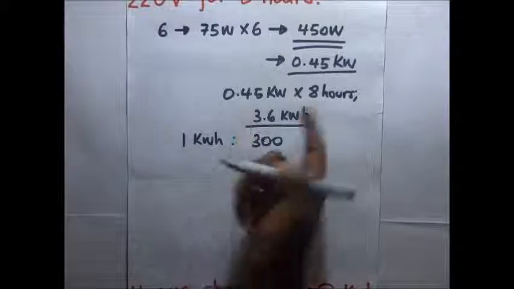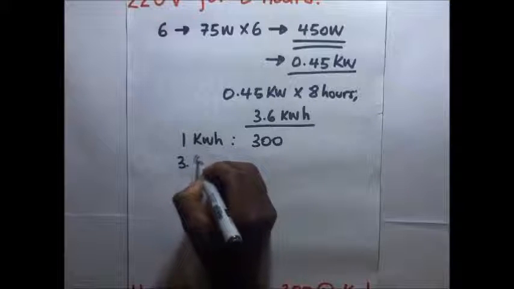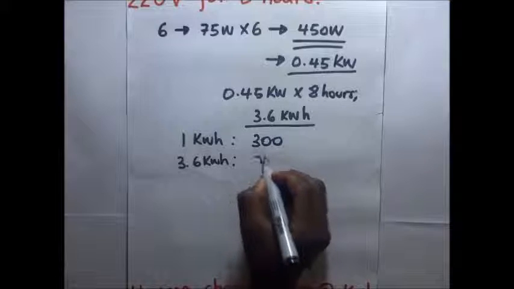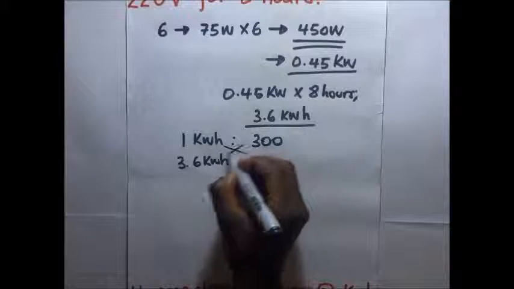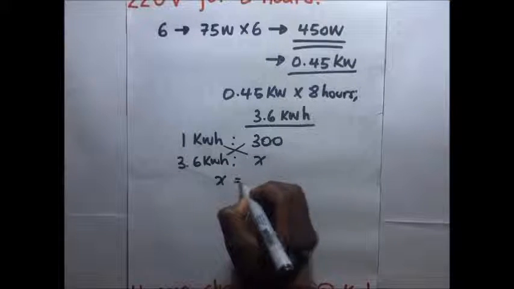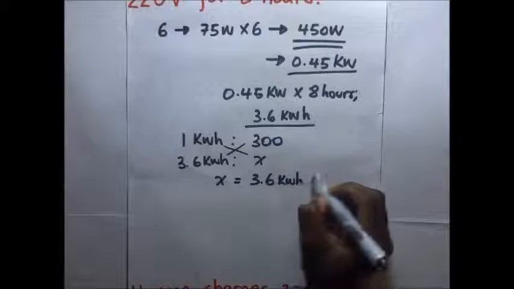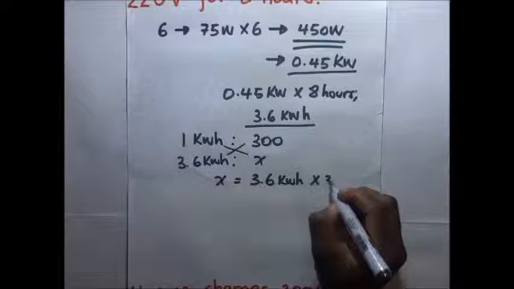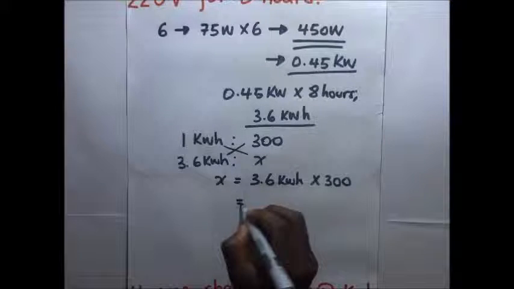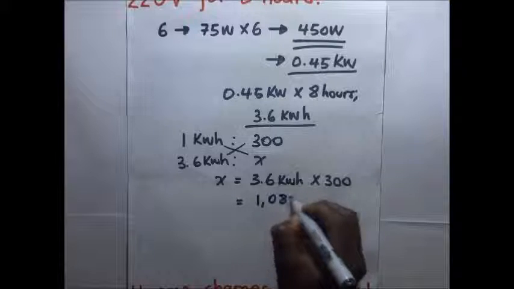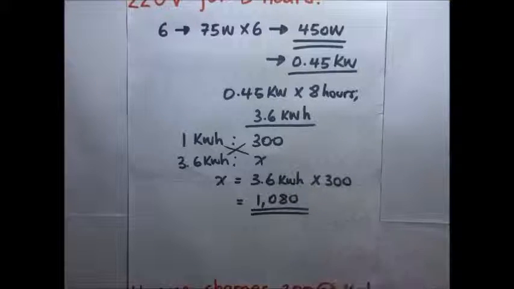How about this 3.6? So 3.6 kilowatt hours are going to be equivalent to x, or unknown. When you cross multiply, your value of x will be 3.6 kilowatt hours times the cost, which is 300, and you'll get your answer as 1080.